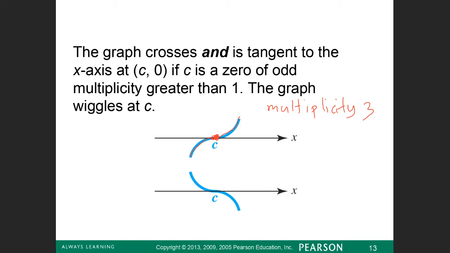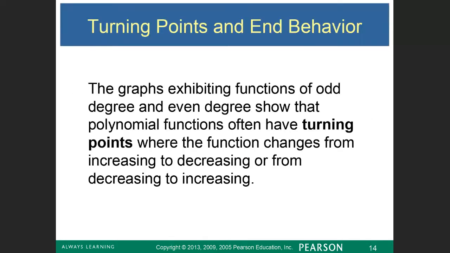So next would be the turning points and end behavior. So there's always an end behavior also when we look at the graph. If you have the parabola, the turning point is just 1, so it turns here and goes back. But the end behavior, as you can see, is pointing upward for the parabola if A is positive.